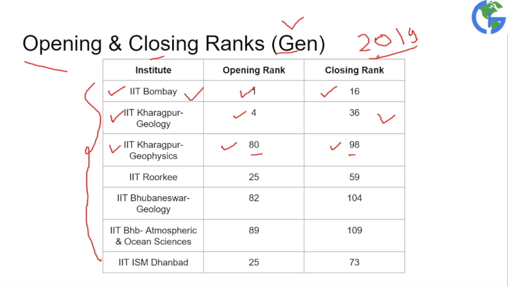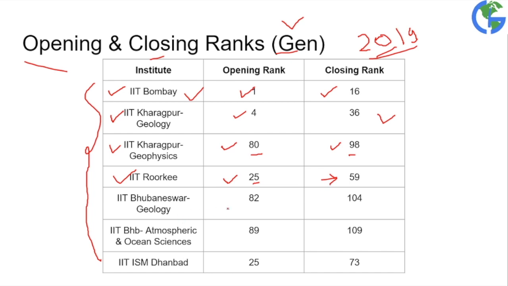All these are the exact ranks of 2019, but they might vary, though the variation is not that much, right? So they are approximately the same every year. Then finally IIT Roorkee is there, which is offering a geology 2-year program, in which it opens at 25 and closes at 59 rank.